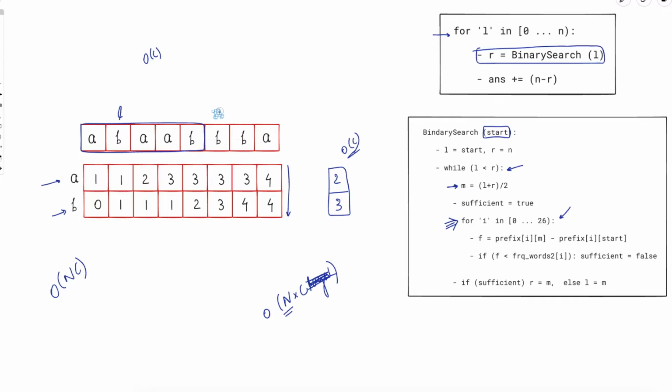And once you start increasing R, this R will never come back, and hence you can simply apply two pointers to figure out the best R for an L without doing a binary search.